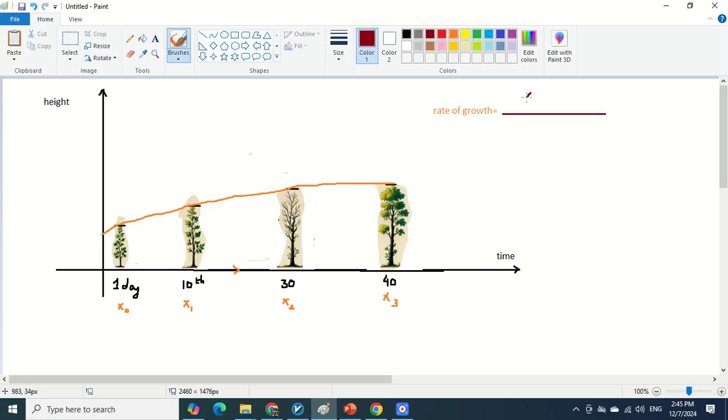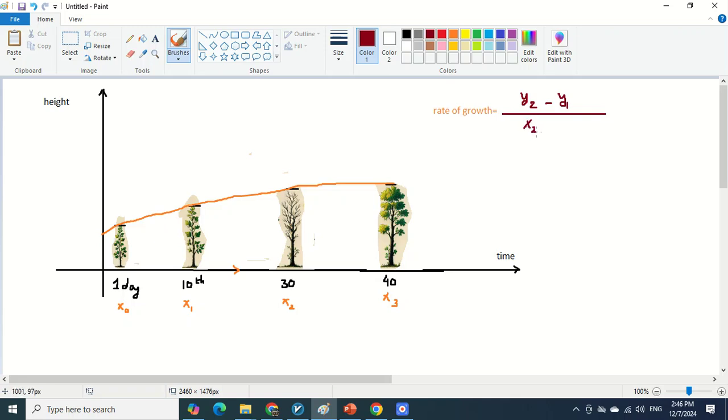You can see that it is going to be x2 minus x1, the difference between the heights, over the time that we have. I just use y for the heights, so we have y2 minus y1, and for the time we use x.